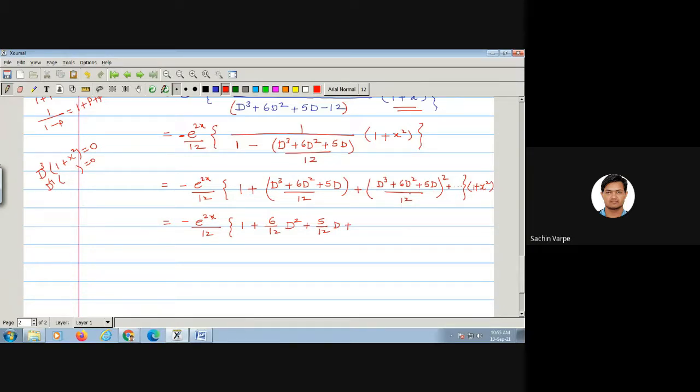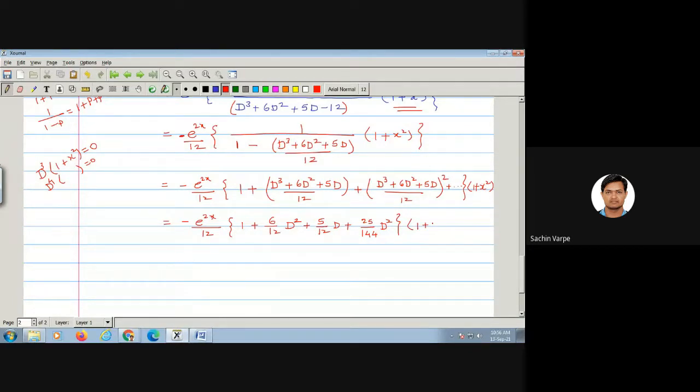The square of this will be neglected, and the square of 5 by 12 is 25 by 144 d square. I think that is the only non-zero term, and there will not be any non-zero term further.